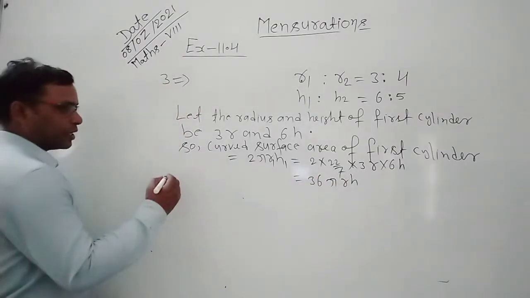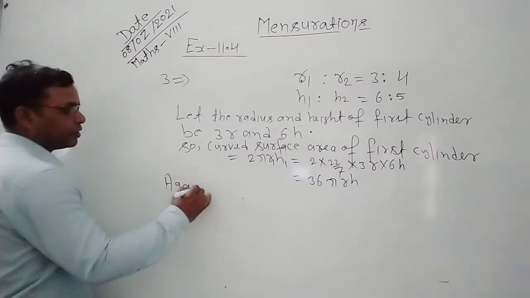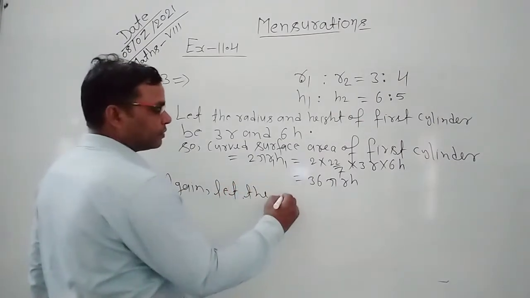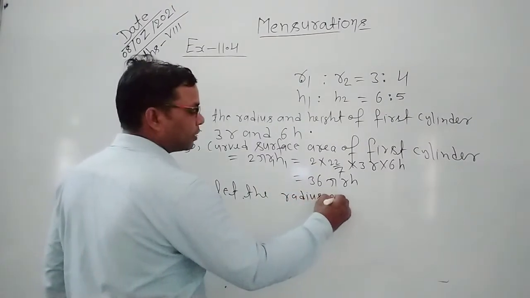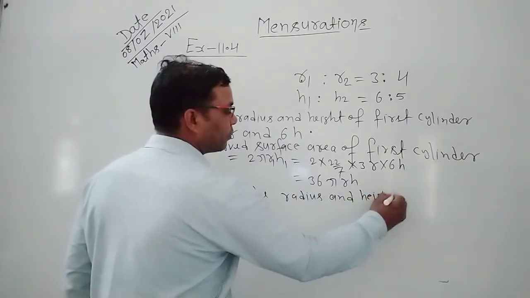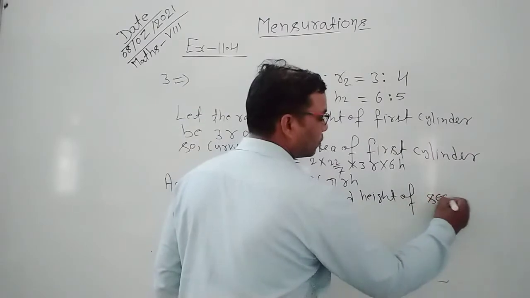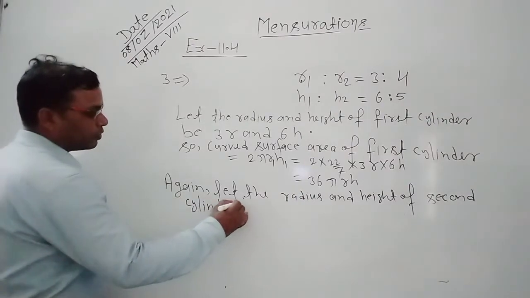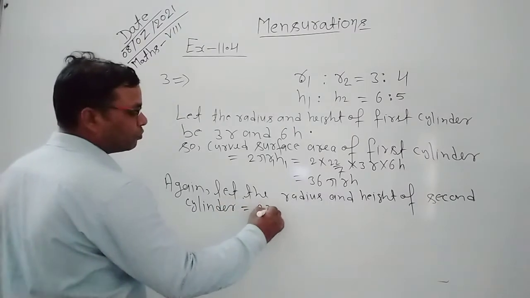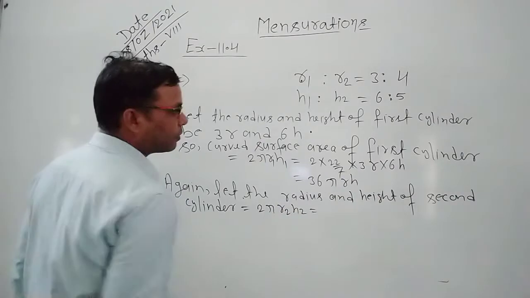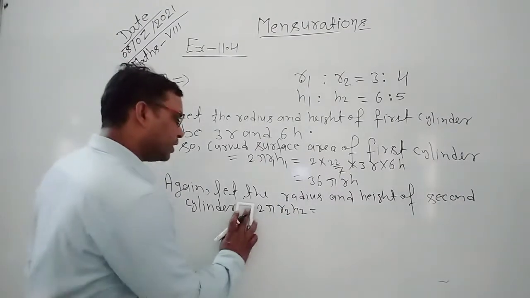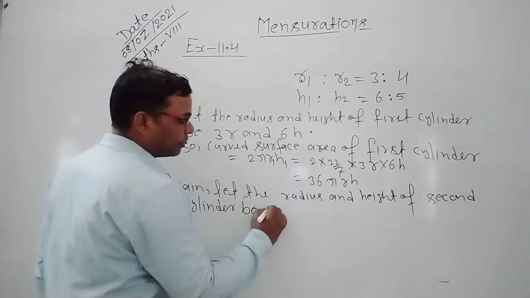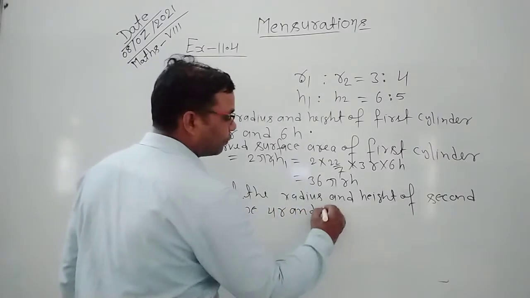And again, let the radius and height of the second cylinder be 4R and 5H.